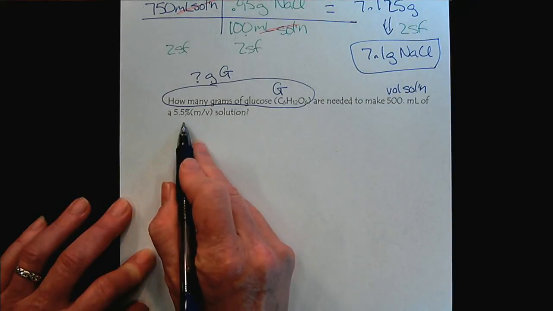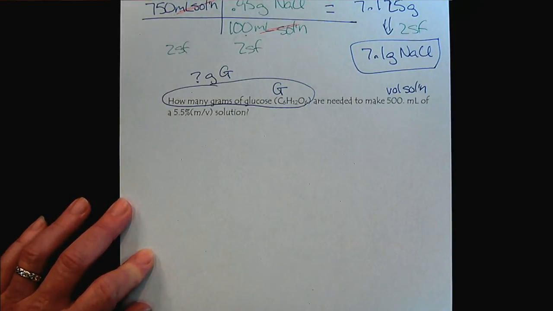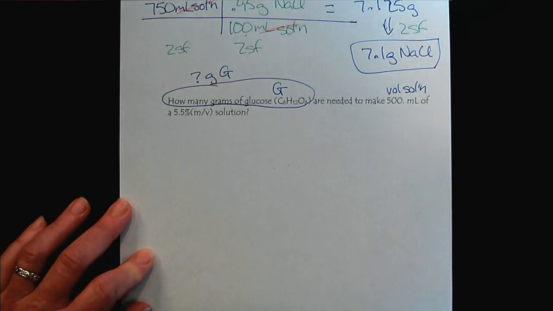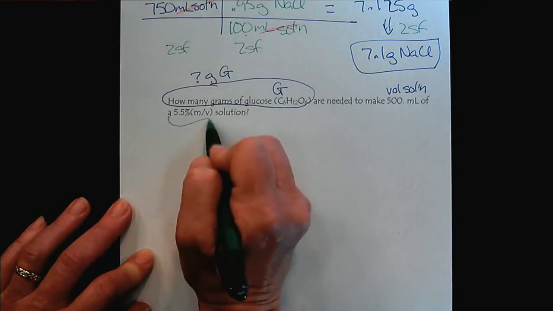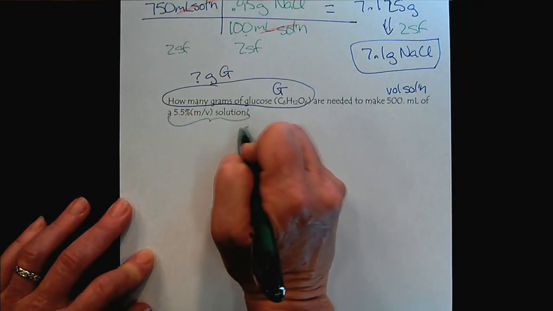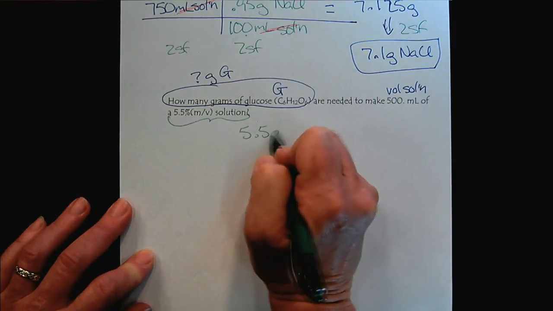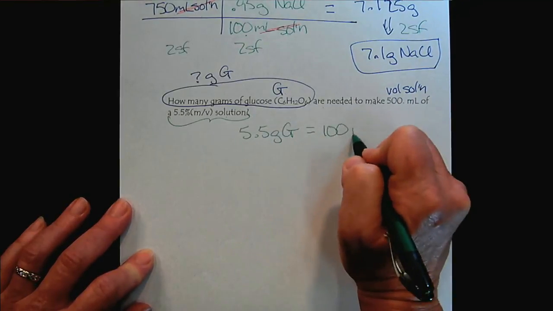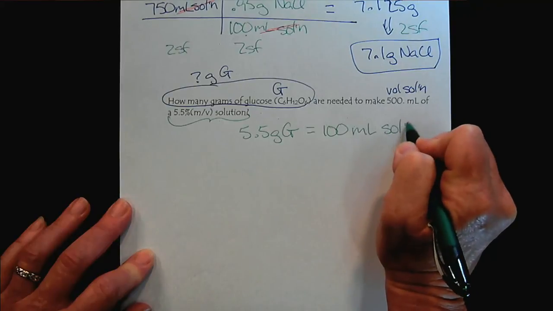And then here, right, so take the time right now to write out what this concentration is telling us. This is the key piece. So this concentration is telling us that we have 5.5 grams of glucose in every 100 milliliters of solution, right?